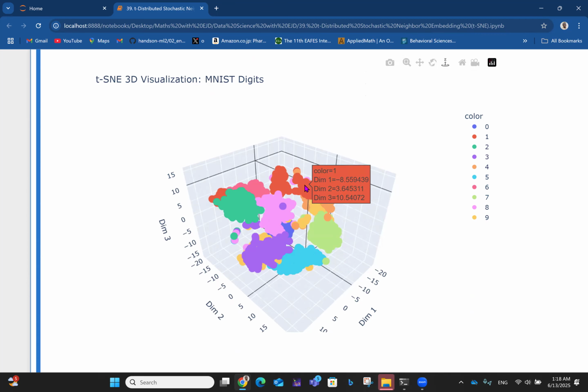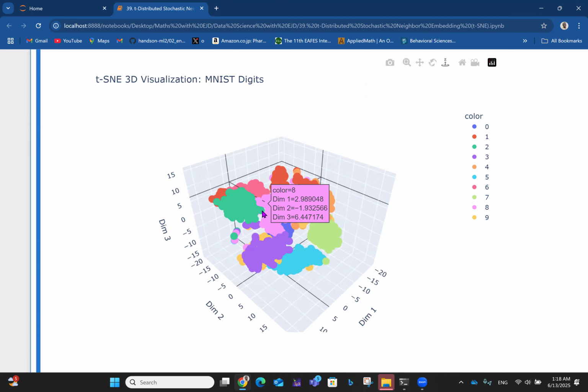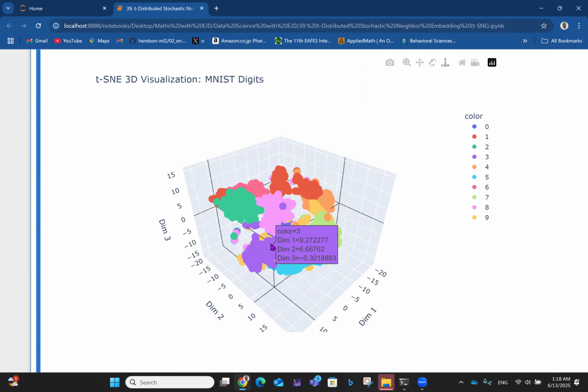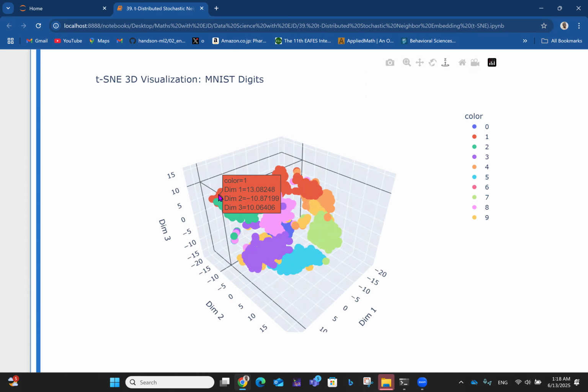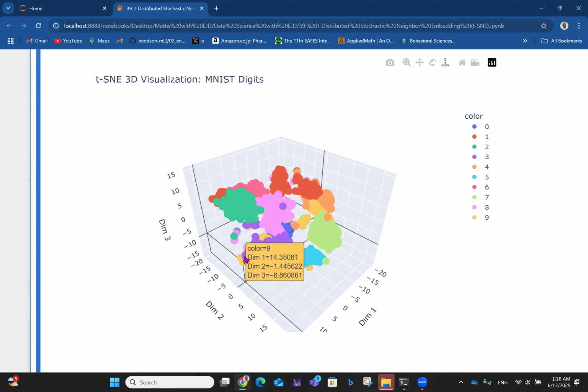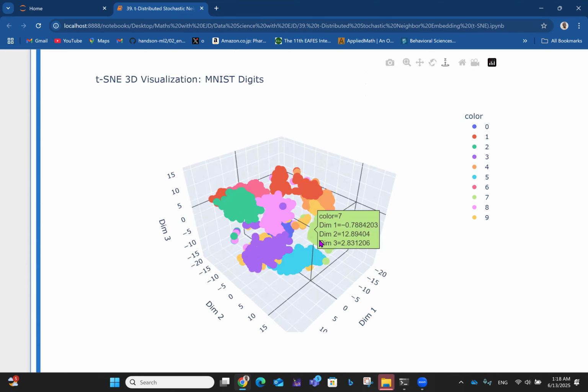So that's the beauty of Plotly. It's interactive, so you can go step by step. This is color 3, and the dimension values are all there, so you can check it out like that.